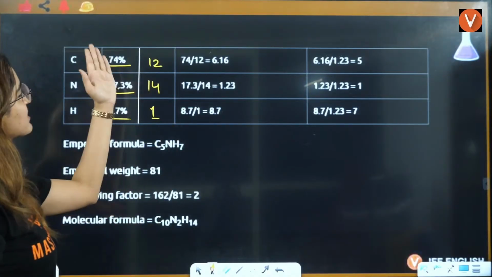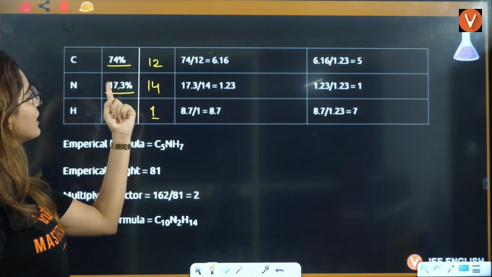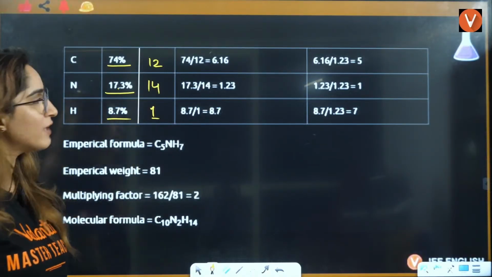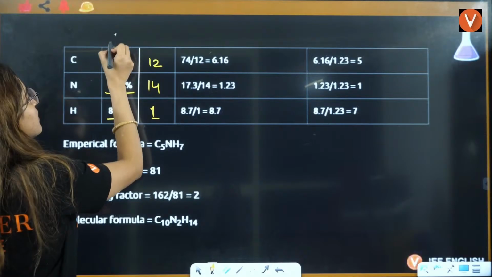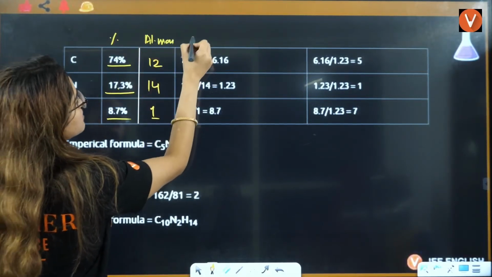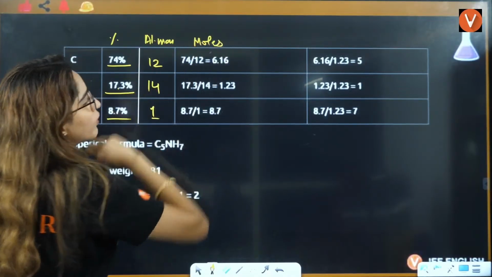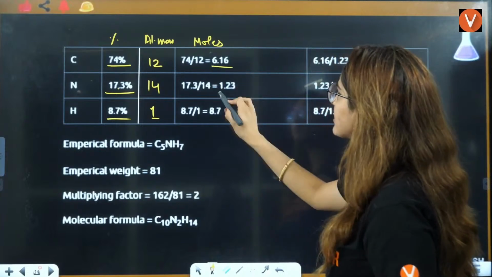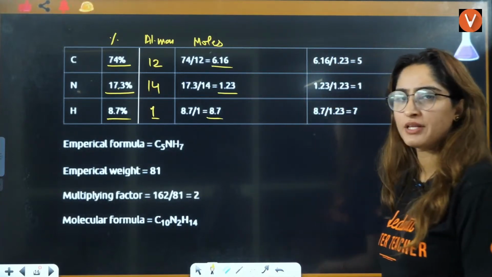So when you divide 74 by 12, 17.3 by 14, and 8.7 by 1, right? This is the percentage, this is the atomic mass, this is the moles. Okay. So when you calculate this, you will have 6.16, 1.23 and 8.7 here.